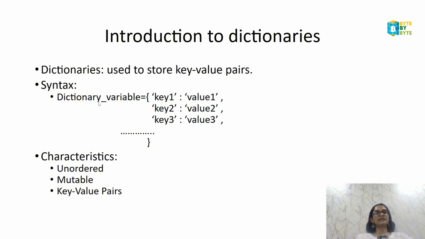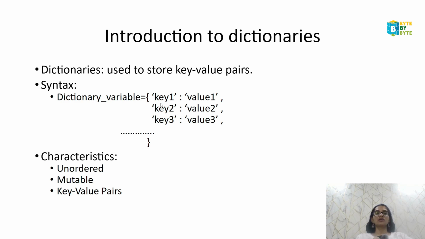Now we will see the syntax. In the syntax, you will first say the dictionary variable, then an equal sign, then opening and closing curly braces. Your set also has opening and closing curly braces, but your dictionary has a key value structure which your set does not.